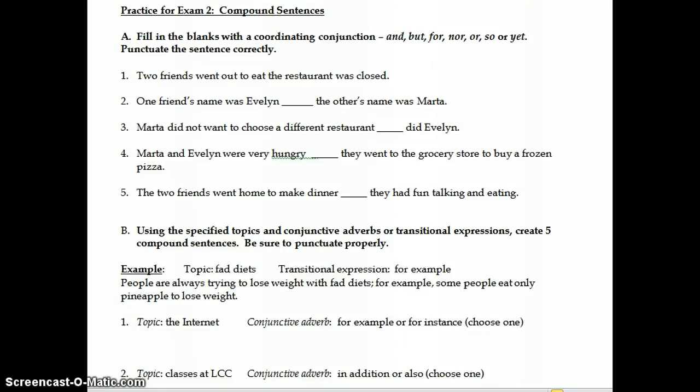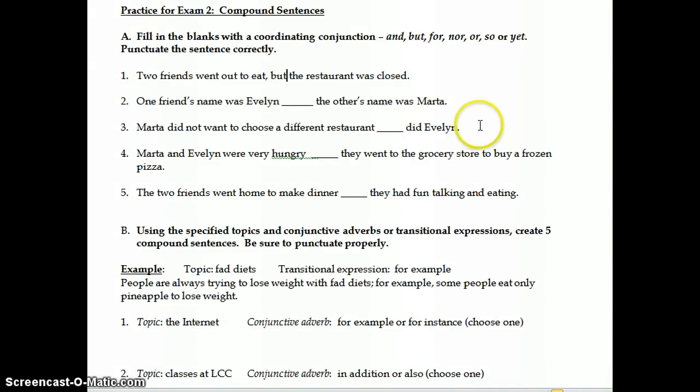I'm going to add a comma here because we're joining these two independent clauses using the coordinate conjunction but. So our sentence reads, two friends went out to eat, but the restaurant was closed. Okay, so that's one example.